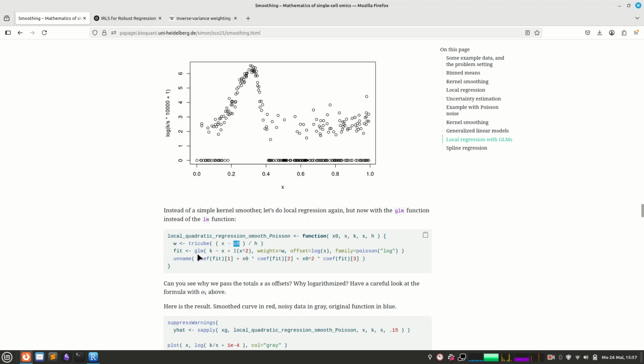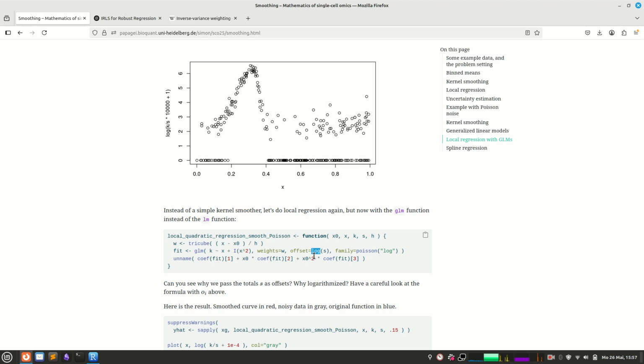And now, similar to what we had before with a linear model, we now call a generalized linear model, where we want an intercept, a beta 1 in front of X and a beta 2 in front of X squared, so that it fits us a parabola rather than simply a line. We want weights. We want offsets. This time we need offsets because the total number of reads we get from each cell is exactly the same thing as what I said before about the number of minutes we wait for the Geiger counter to click.